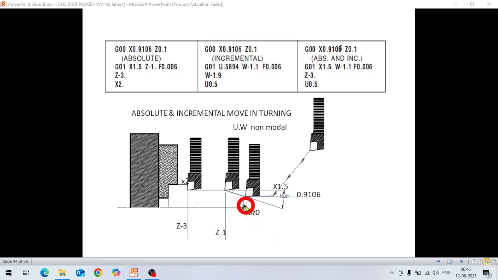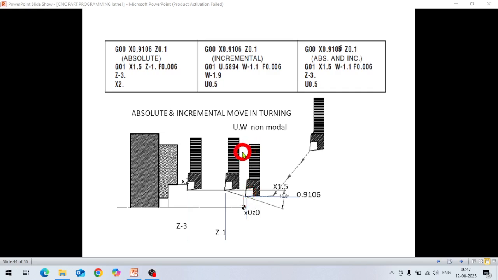So up to the retract plane, this tool will come rapidly, making an angle of 45 degrees up to this length, and then it will take a straight move to this point. So this tool will come 0.1 away from this face, at Z 0.1, and rapidly it will come up to this point. This is the position of the tool.